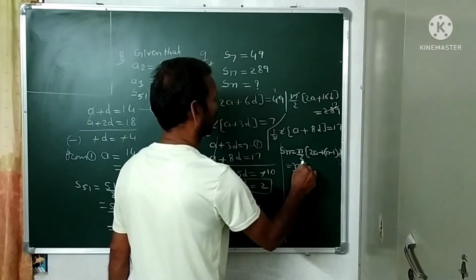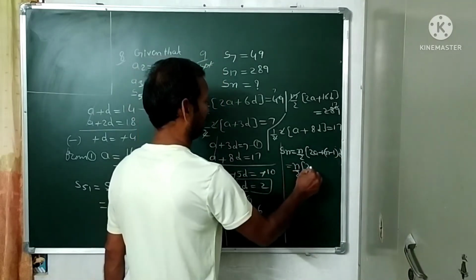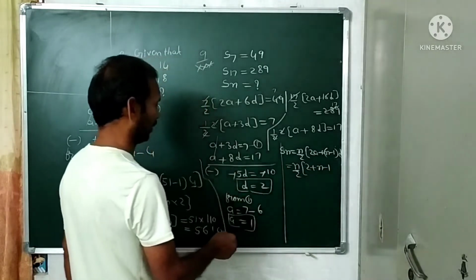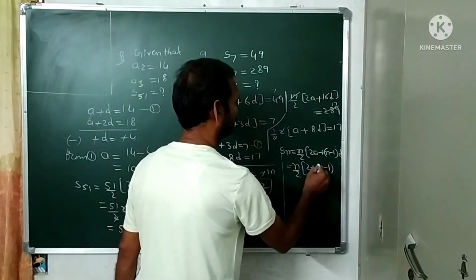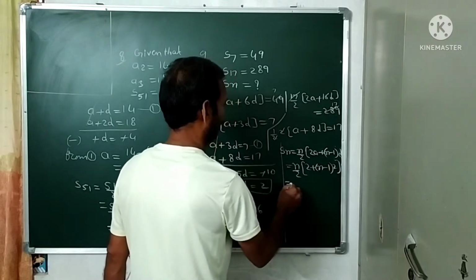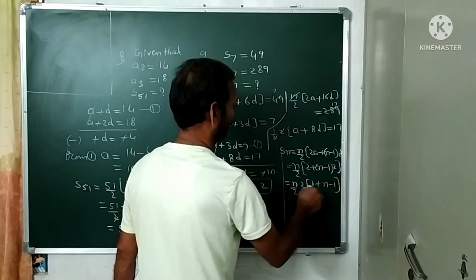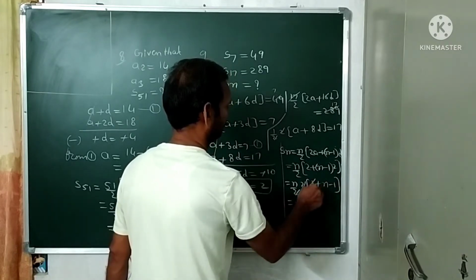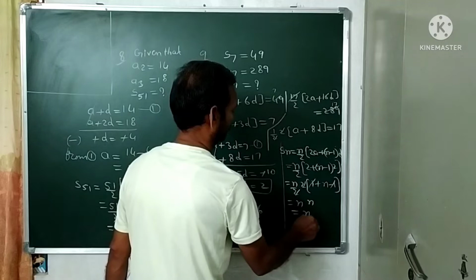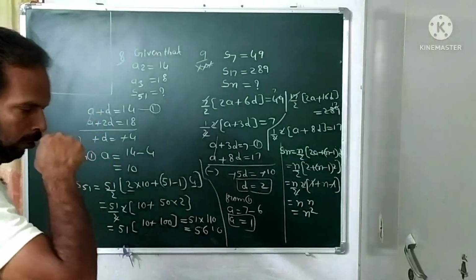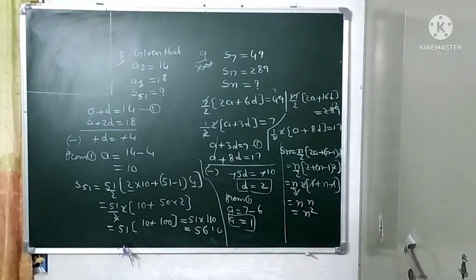So n by 2 into 2 plus n minus 1 into 2. Take 2 common, n by 2 into 2 times 1 plus n minus 1. That is the procedure to calculate the Sn value. So when two values are given, from those calculate the a and d values. Then go for calculating the Sn.